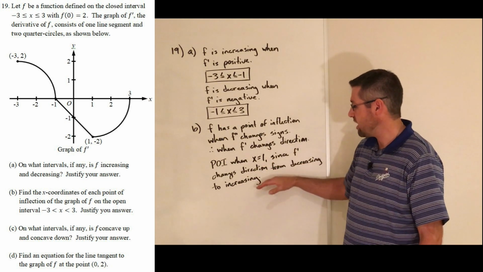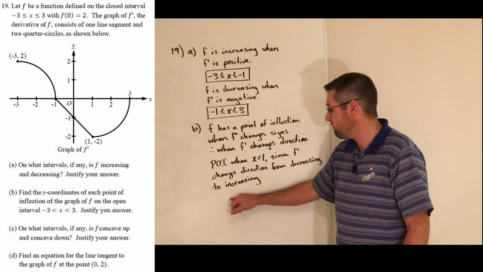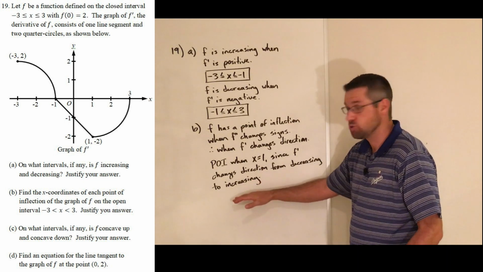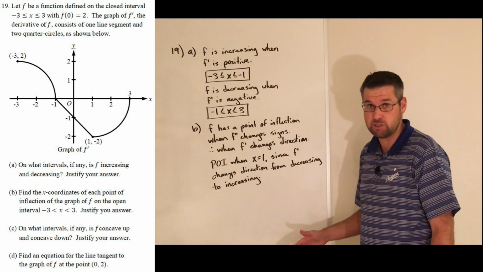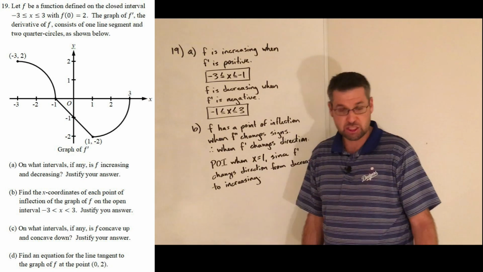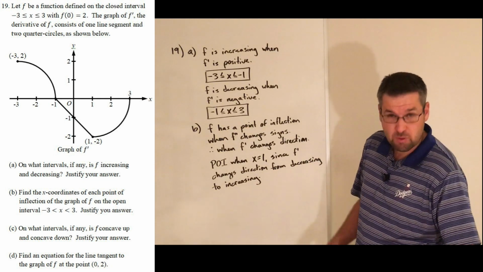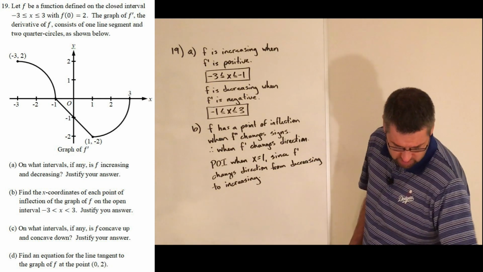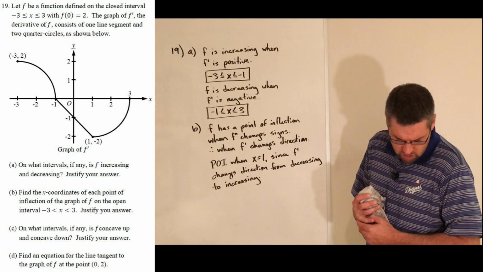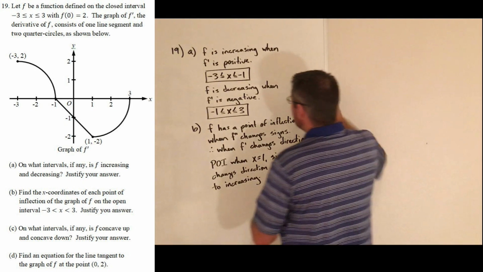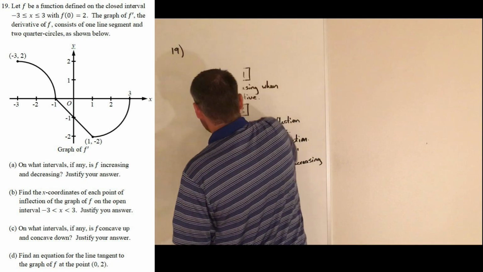You want to break it down piece by piece and say, okay, there's another point of inflection when x equals 2 because f prime changes direction from increasing to decreasing. So be specific on the change in direction because again, direction can mean a whole multitude of things in these questions. So I'm going to go ahead and erase part A and part B so I have room for part C.